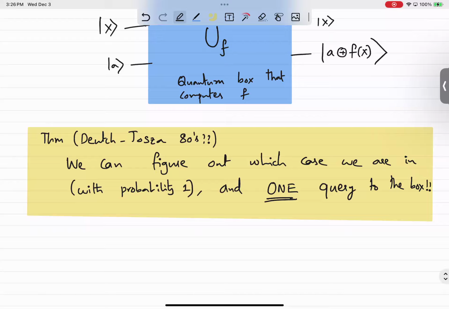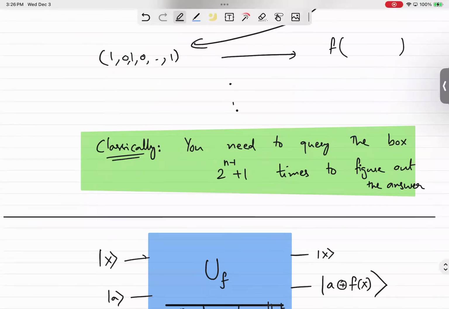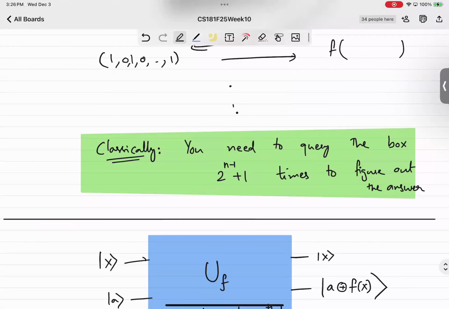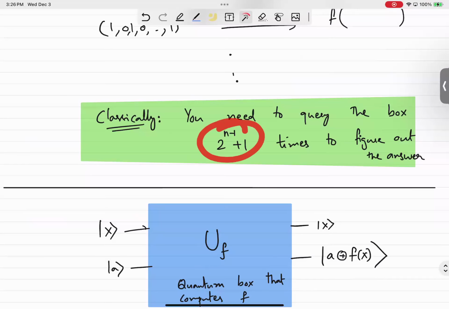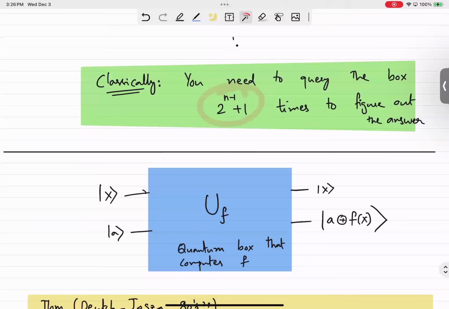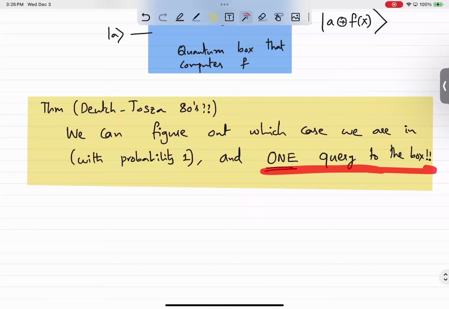Okay. It's super counterintuitive, but it's encoded in how quantum mechanical laws behave. So if I'm giving classical access, there's nothing beyond making half the number of queries. Whereas in the quantum world, I can basically do it with one query to the box. I have to do some other computation afterward, but the box itself, I would only press the button once.